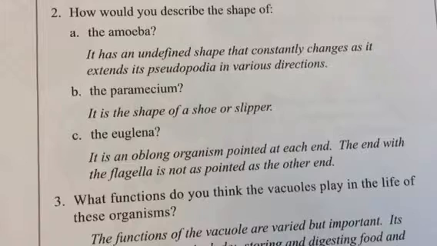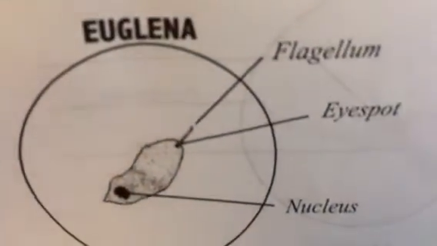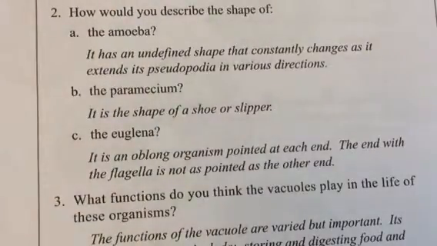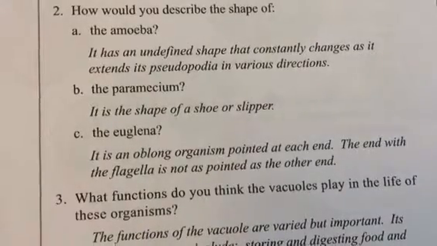And then the euglena is oblong or cylindrical. Oblong organism pointed at each end. The end with the flagella is not as pointed as the other end. So I kind of think it looks like a mouse. Look in my picture. It looks kind of mousy. I know it doesn't want you to put mouse in there, so don't put that. Or if you have better words than that, that's also good.